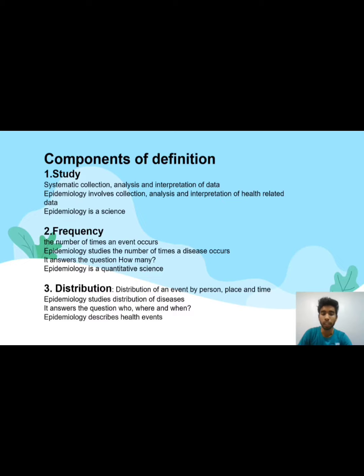Epidemiology studies the number of times a disease occurs. It answers the question how many. Epidemiology is a quantitative science. Now the third one is distribution. Distribution of an event by person, place and time. Epidemiology studies distribution of diseases. It answers the question who, where and when. Epidemiology describes health events. Now move to the next slide.